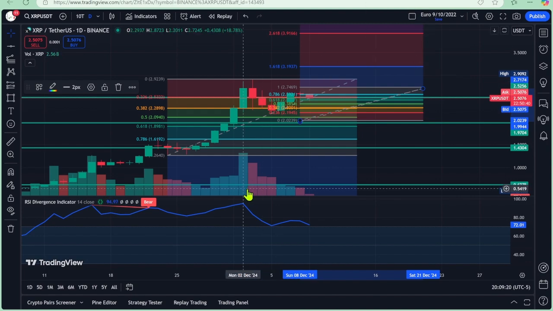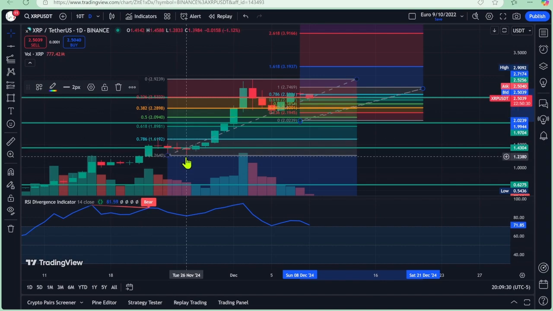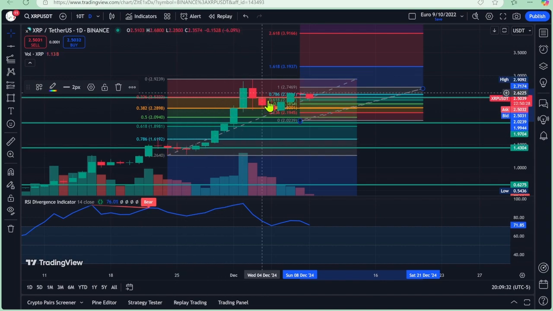So you've got to know the market will move like this because it's done that before. You see, it stopped, it went down some, went up a little bit more, it stopped, it went down some, went up some more. This is the way the market moves. So you've got to be able to understand that, because you might have this projection that XRP is going to eclipse Bitcoin and all that, but it has to get there by the way the market moves.